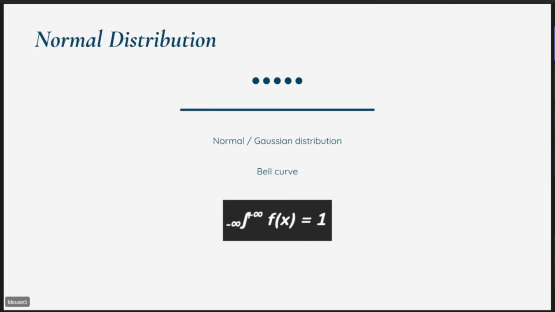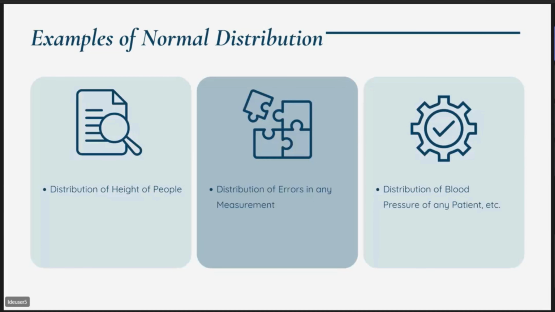Normal distribution could be a series of data, such as the height of people in a class or the height of people in a particular school, right? So there you have a distribution, and if you take the mean, mostly it'll be between a particular range, and the average would always be a central value, right?